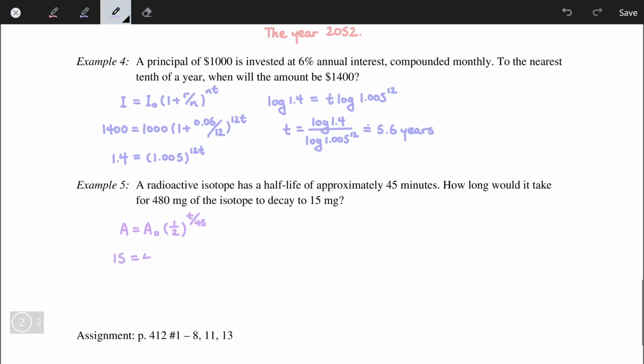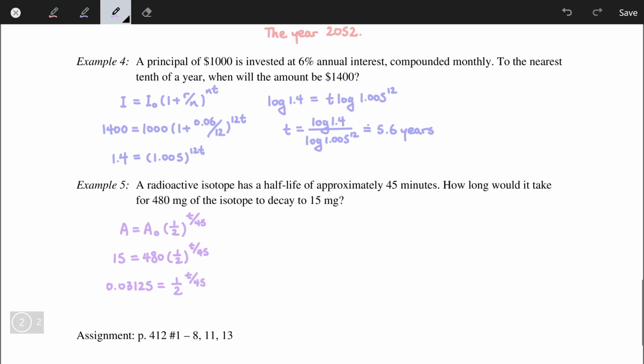It started with 480, and we have 1/2, again, to the t over 45 power. Now, 15 divided by 480 is 0.03125, and that's going to be equal to, on the right-hand side, 1/2 to the t over 45.